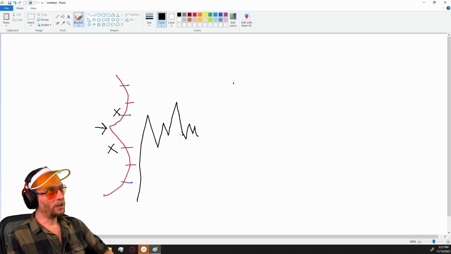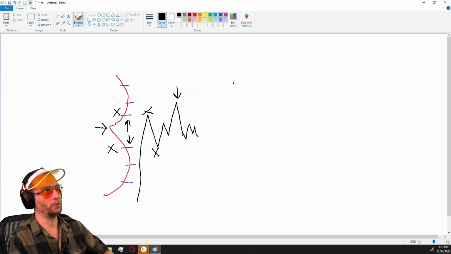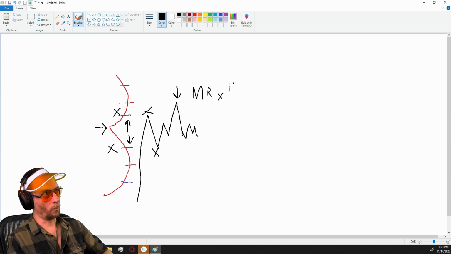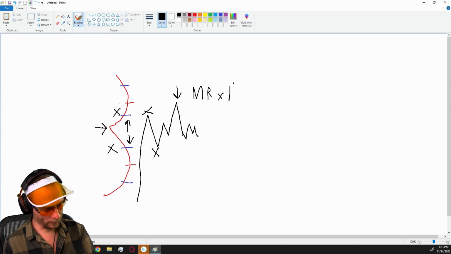So in this circumstance, it pivoted there, it pivoted here, which is value area low, value area high, and then it hit the POC, which we call a mid-roll, MRX1, which I talk about mid-rolls quite a bit.